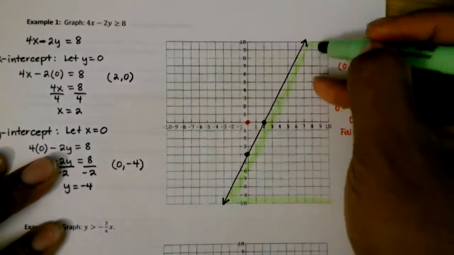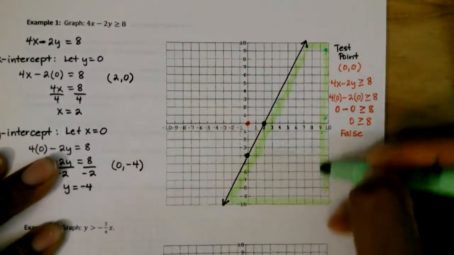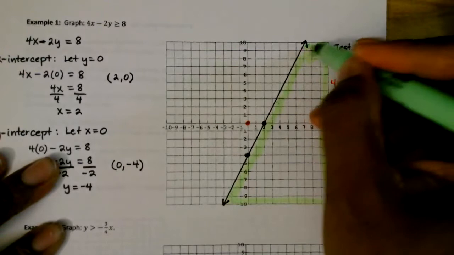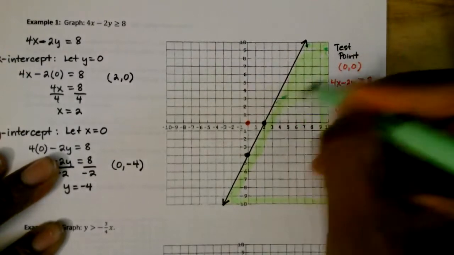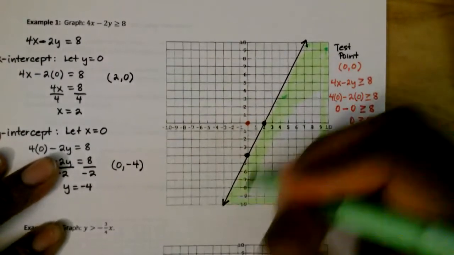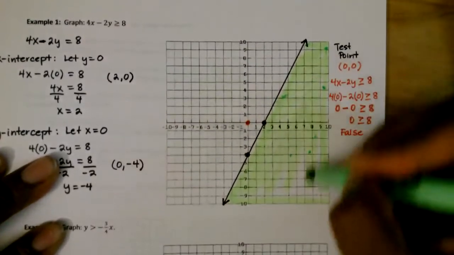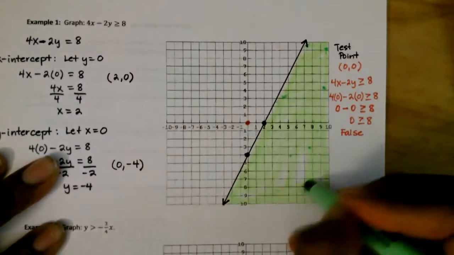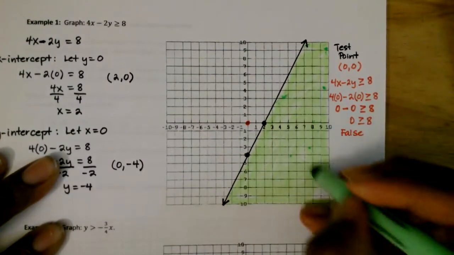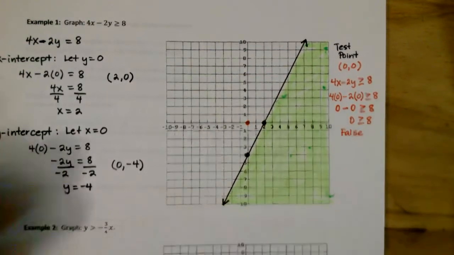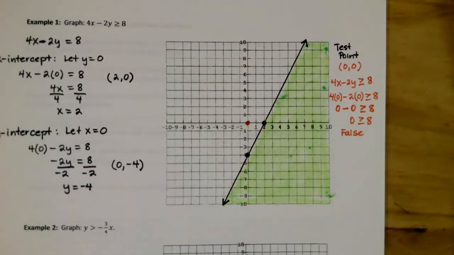Because when I use that test point of 0, 0, I ended up getting a false statement. Okay, so all of that represents the graph of that inequality 4x minus 2y is greater than or equal to 8.